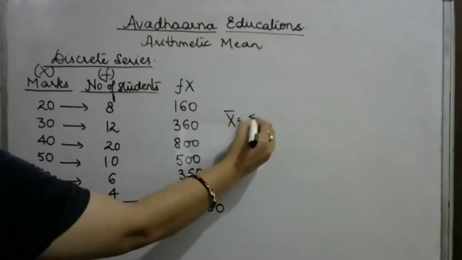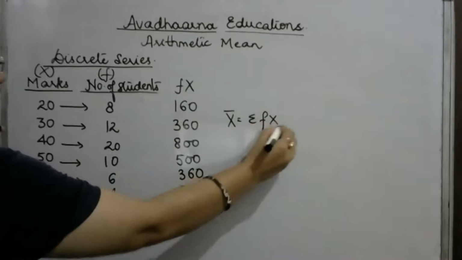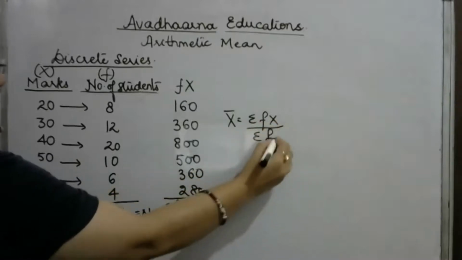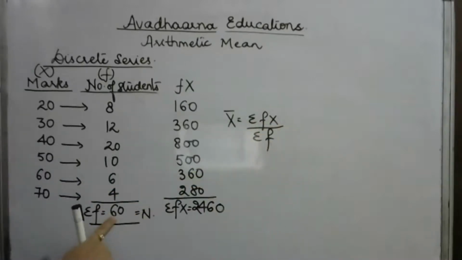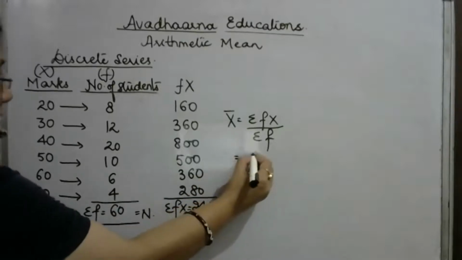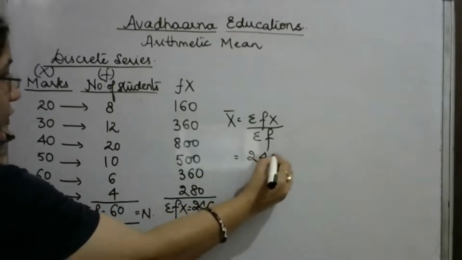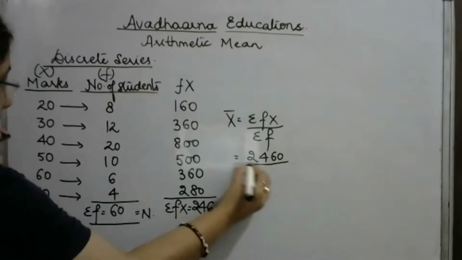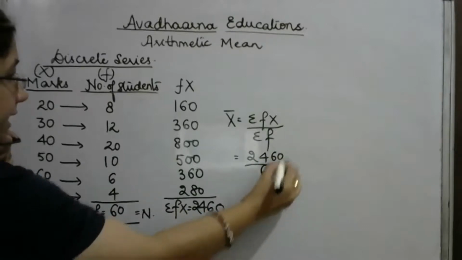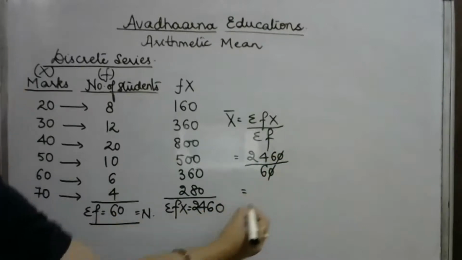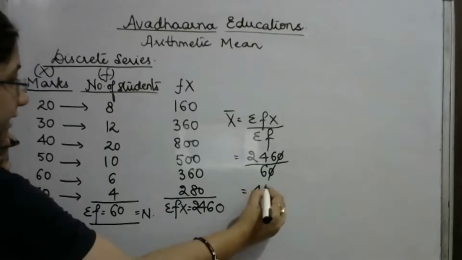Arithmetic mean is given by summation fx over summation f. You have already calculated summation f. Let's substitute the value, 2460 upon 60. If I simplify it, I get 41.